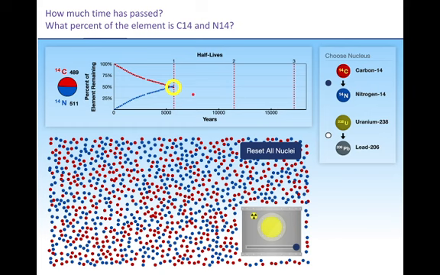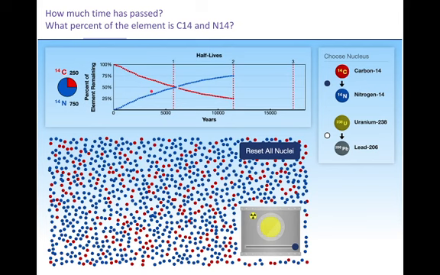What is that percentage? It's 50%. After the first half-life, as we were playing with our pennies, flipping them over, half of it will be the original nucleus, and half of it will be the new nucleus. So 50% is carbon and 50% is nitrogen.